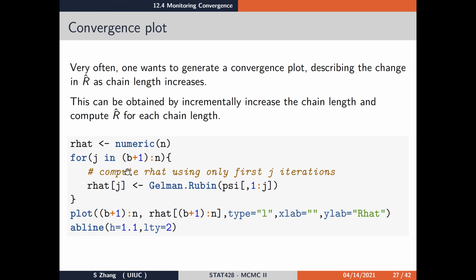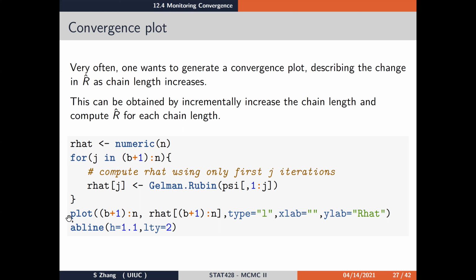So we won't do it for the burn-in, the first 1,000. Starting from 1,001, for each j, we will compute the Gelman-Rubin R hat only using the psi from time 1 up to time j, instead of using the psi all the way up to time n. So in the resulting R hat vector, the 1,000th to the 15,000th entries will contain the R hat for each of these possible sample sizes.